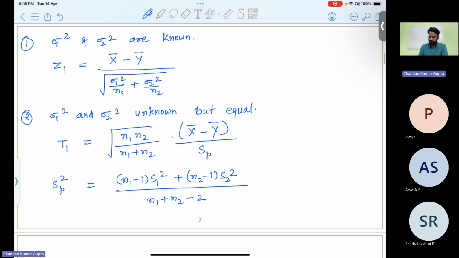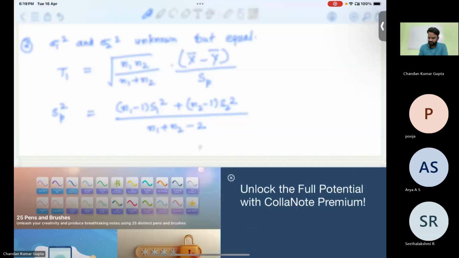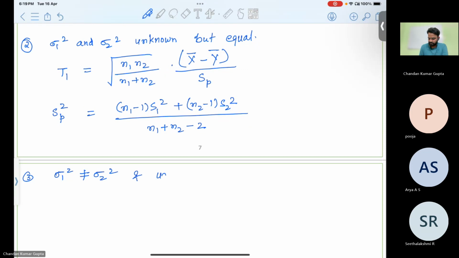The third possible case is when sigma1 square is not equal to sigma2 square and both are unknown.